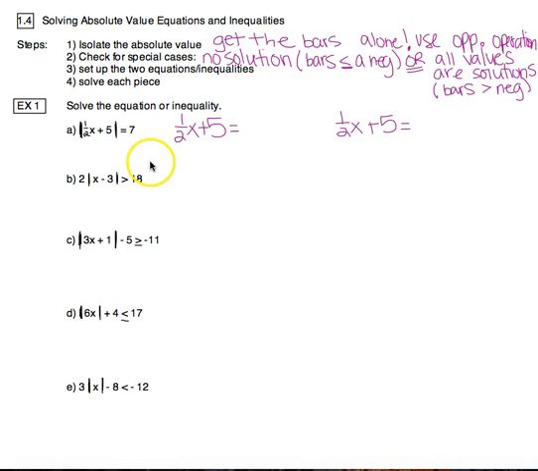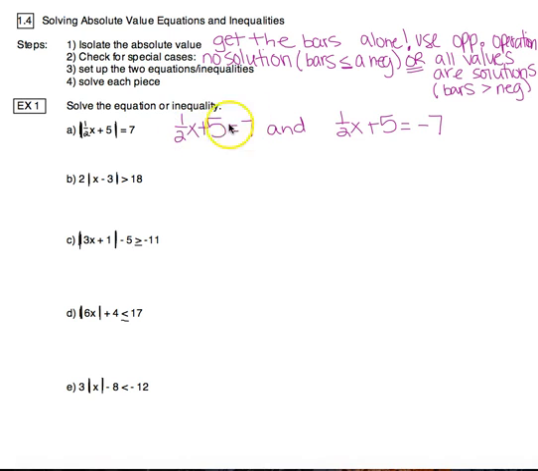Now, one of them you're always going to keep just like the original except without the bars, so we'll keep that a 7. The other one on an equal sign, you're simply going to change the sign on the right. Again, do not touch what was in the bars. We're not changing these signs, just this guy. And in this case, this is going to be an and. It's always an and when it's an equals.